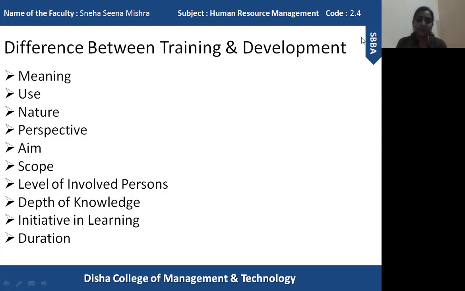Okay. The next one is initiative in learning. Means who takes the initiative in the learning programs, training program and development program. So training is basically organization, the initiation is taken by the organization, but for development, the employees themselves have to take initiation.